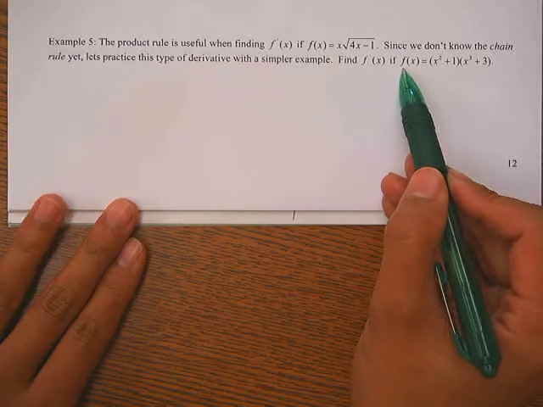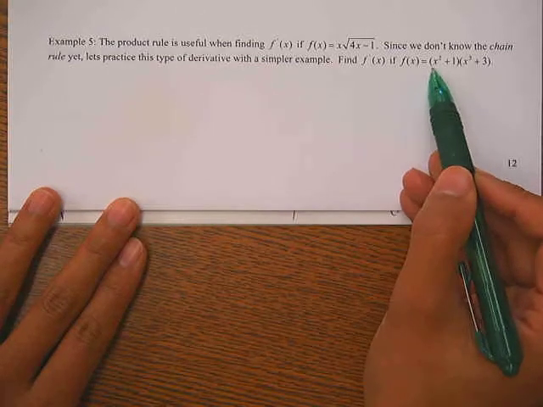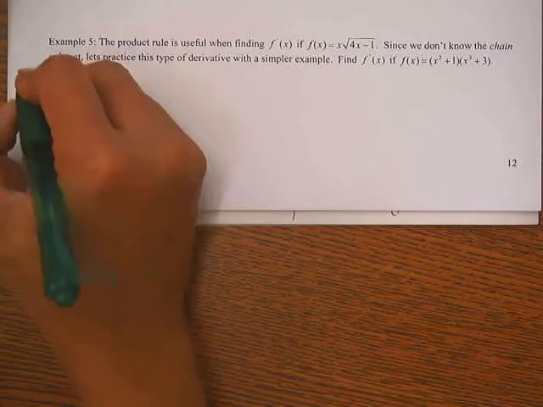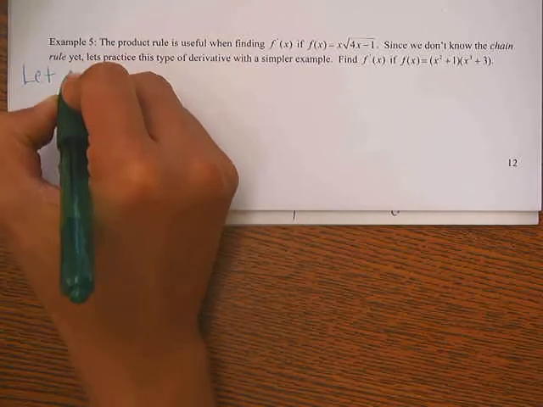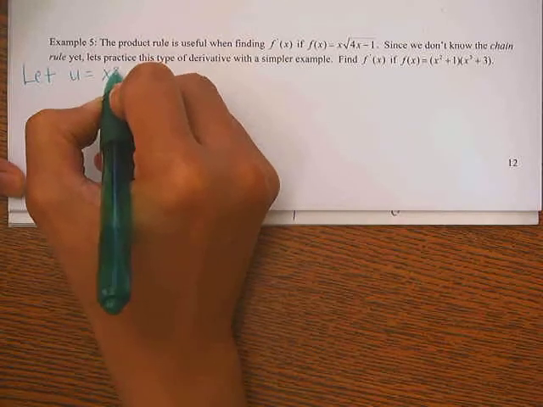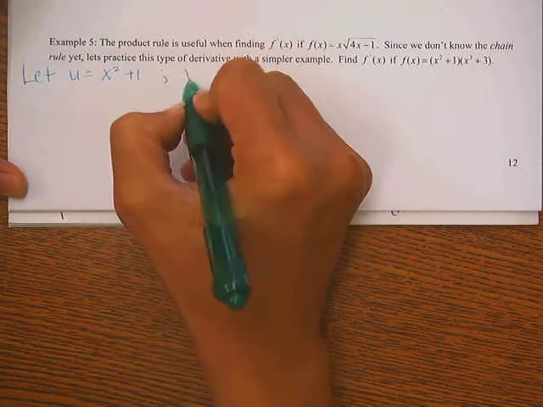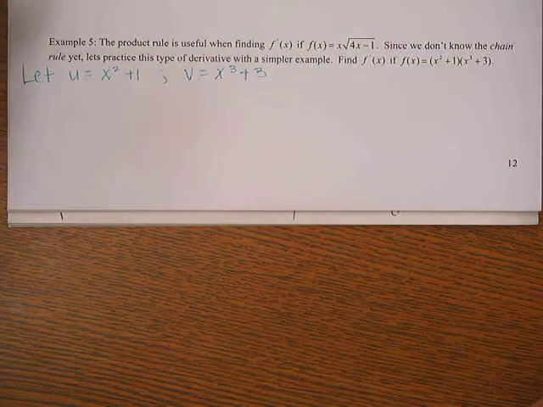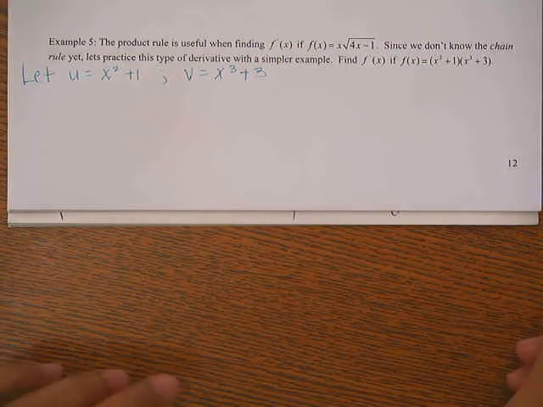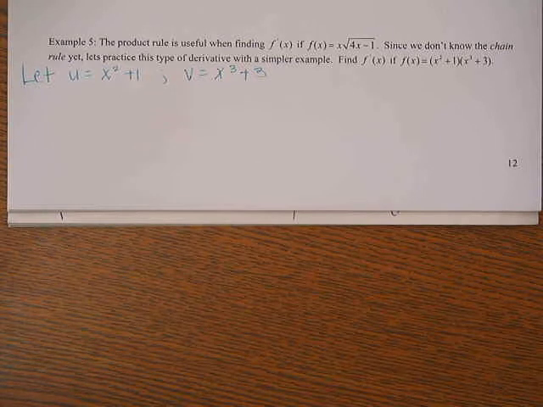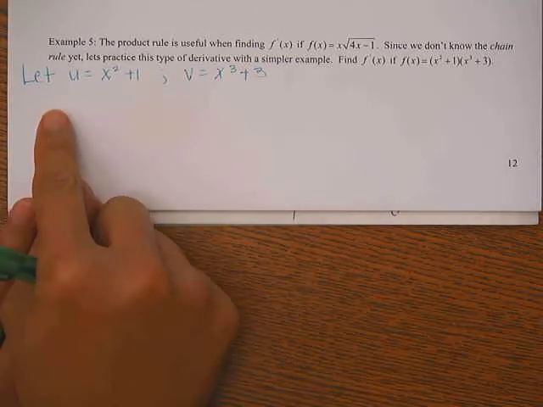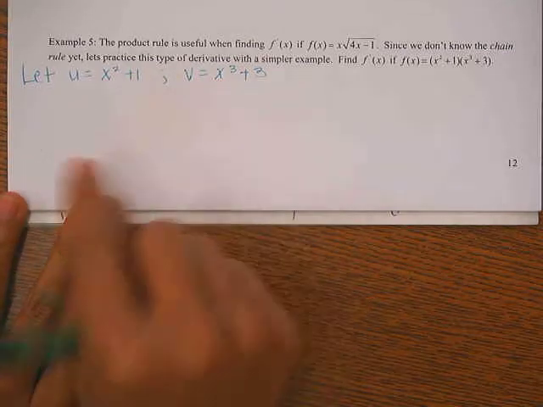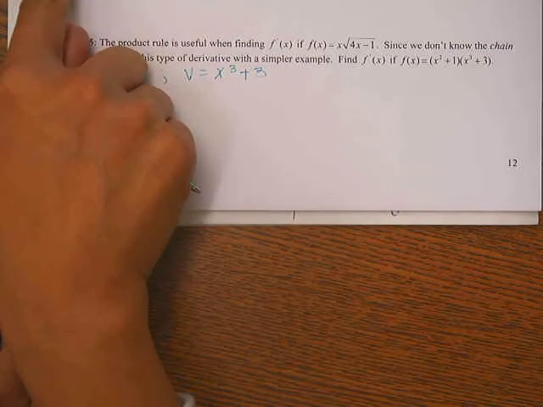I'm giving you a function, f of x equals u times v. Let u equal x squared plus 1 and let v equal x cubed plus 3. Now, if you're learning this for the very first time, when you are using the product rule, write it out every time, even including the product rule itself.